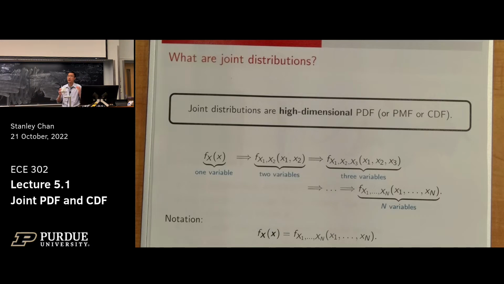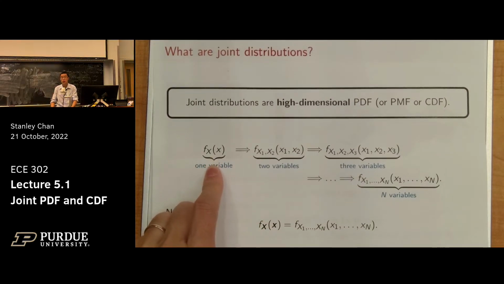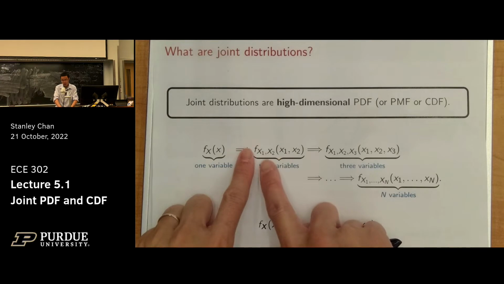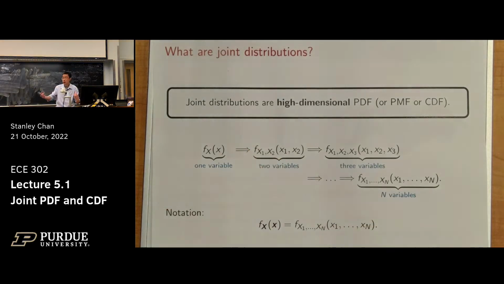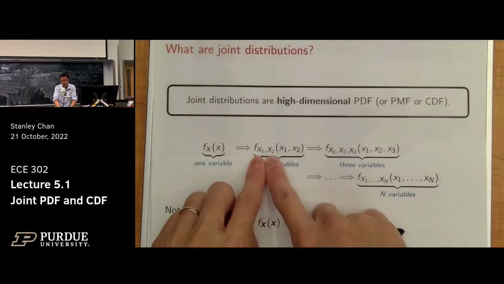Here is a very simple mind diagram that tells you the roadmap of where we are heading. We were talking about a single random variable with a single PDF, that's f_X. Now we're going to look at two random variables, X and Y. They can both be Gaussian, or one is Gaussian and one is binomial, or something else.